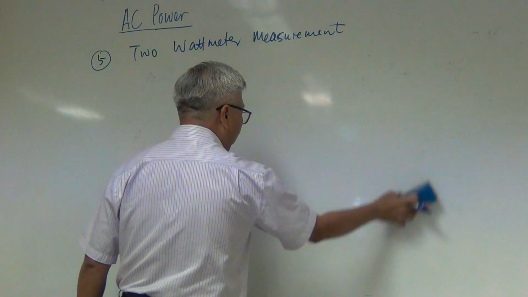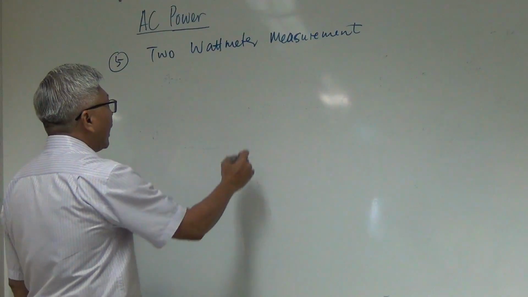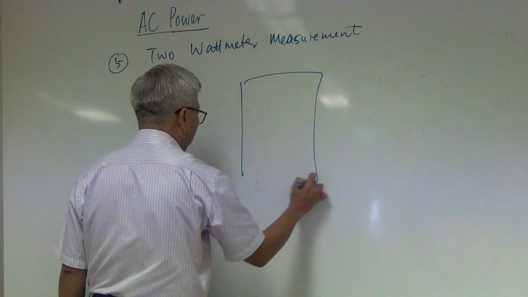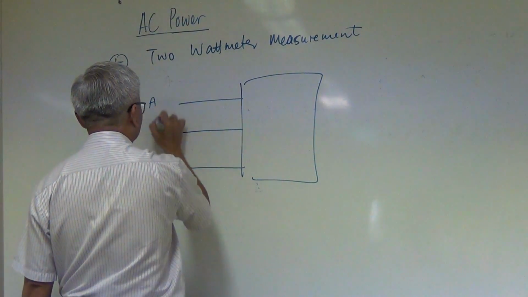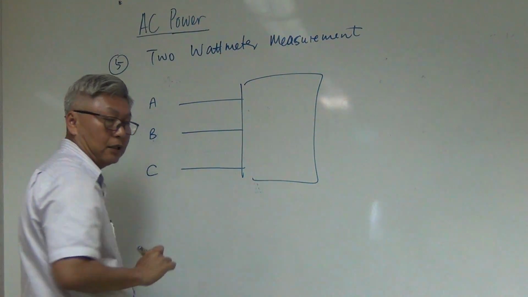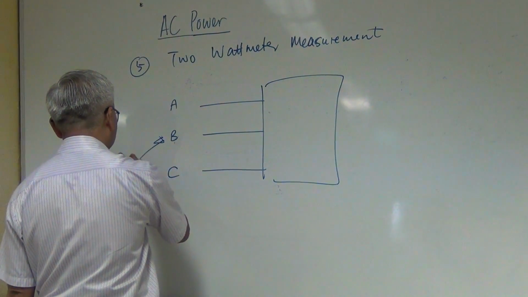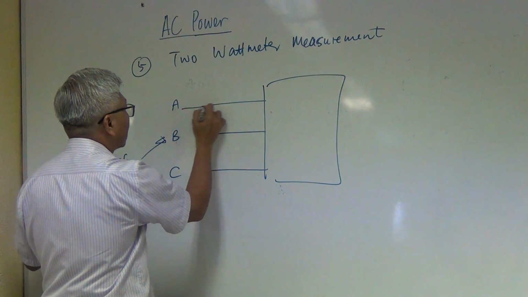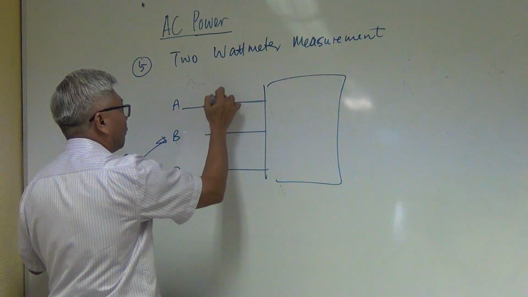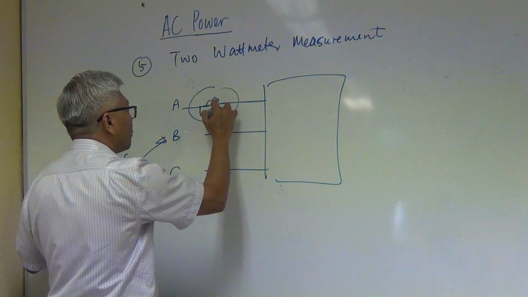Because in voltage measurement, you always need a reference point, right? So if I have a 3-phase system with phase A, phase B, and phase C, and I have decided that phase B is my reference, then I put my wattmeter in phase A. This will measure the current, and this will measure the voltage.